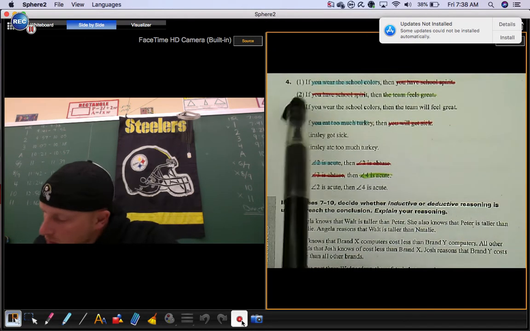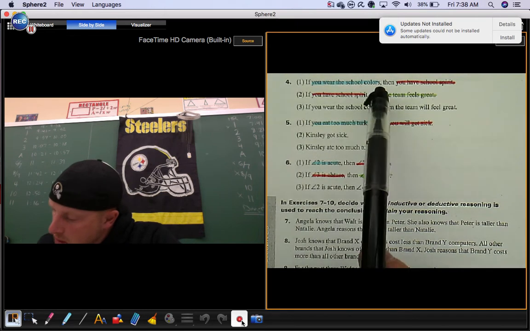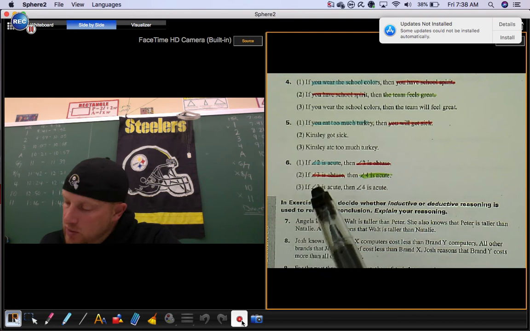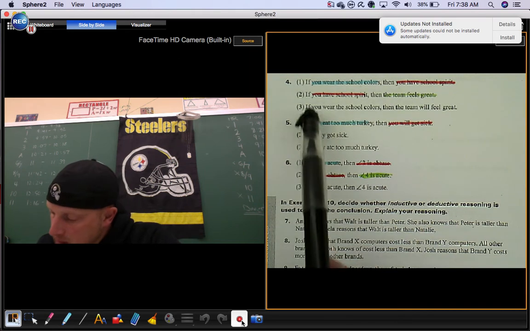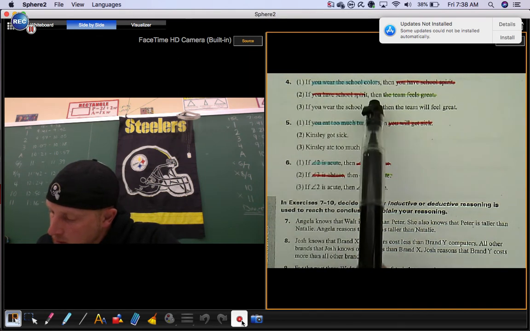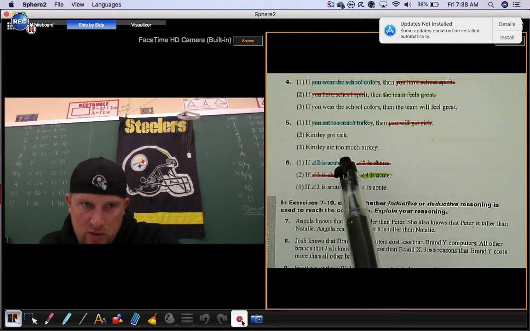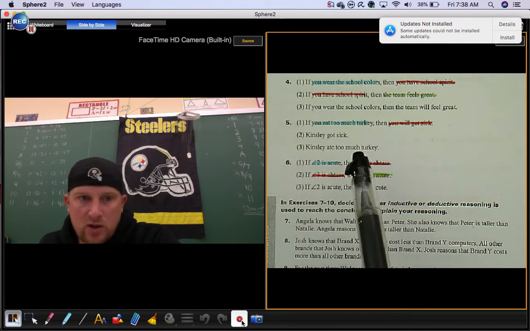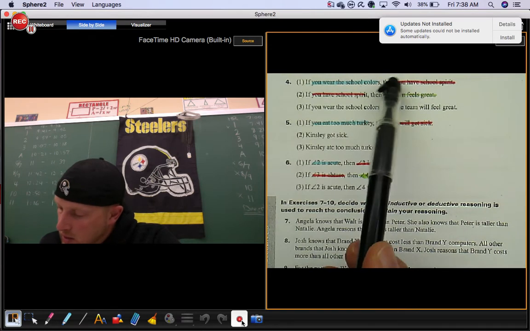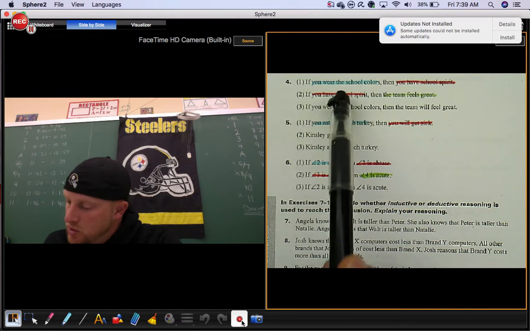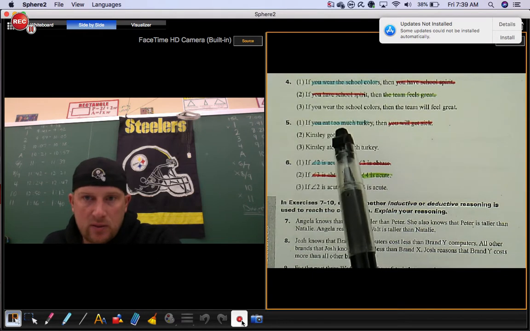Number 4, if you wear the school colors, then you have school spirit. We're assuming that's true. Second statement, if you have school spirit, then the team feels great. Again, we're assuming that's true. Two true conditionals. Notice how the color coding kind of helps you here. The school spirit thing was used as a conclusion and as a hypothesis.